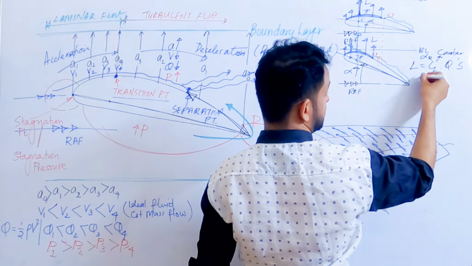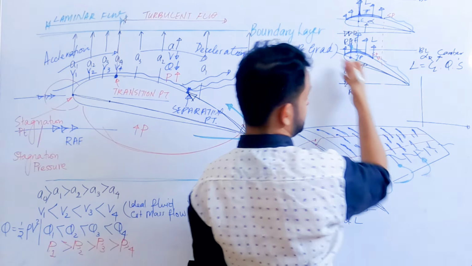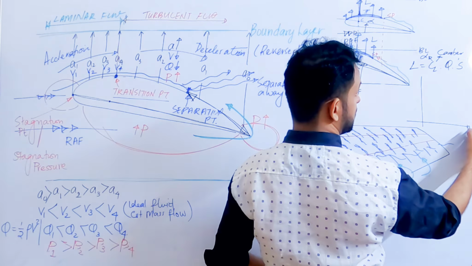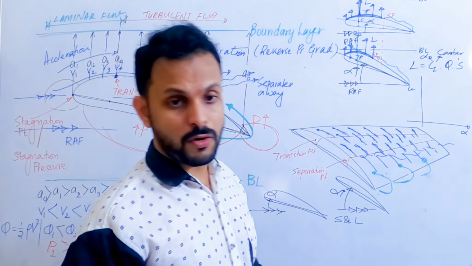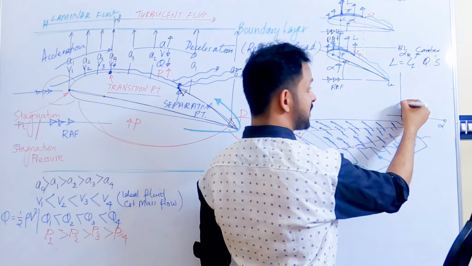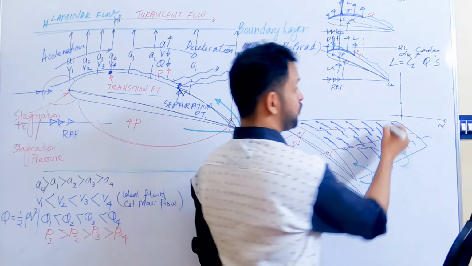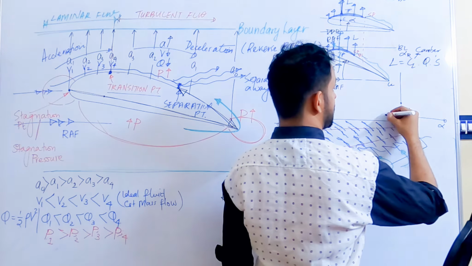You keep increasing the angle of attack. For example, I'm taking this as a non-symmetrical or cambered wing, and therefore, if this is the angle of attack alpha and CL, we have seen this graph before. For a wing that is cambered, what happens at zero angle of attack? You will still have some value of lift production because of camber, and then if you want a zero lift coefficient, you have to go to negative angles of attack.